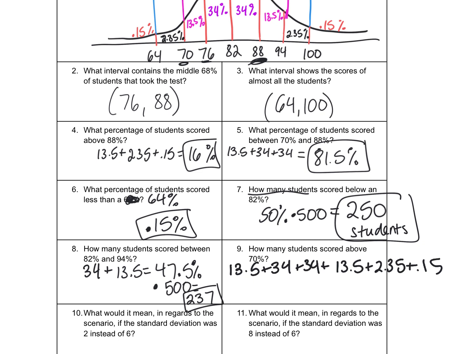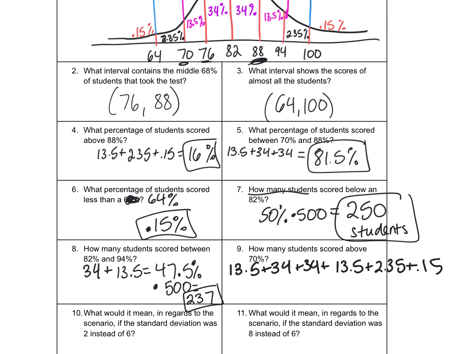Try again. 47. What'd you say? 63.4. I think it should be higher. We're adding up all the percentages that are above 70. So 13.5 plus 34 plus 34 plus 13.5 plus 2.35 plus 0.15.